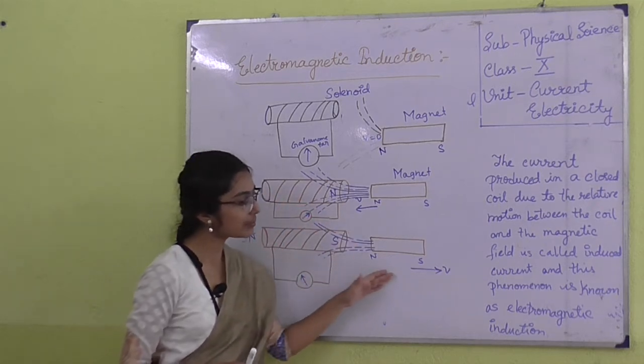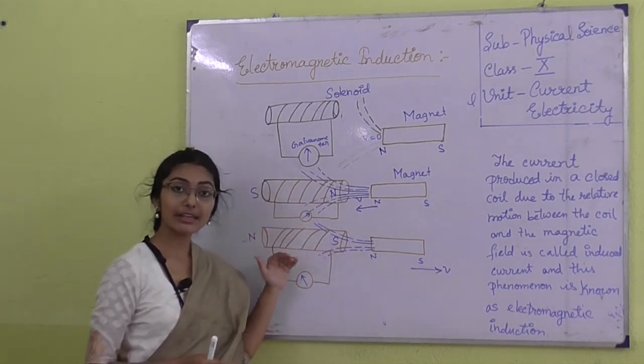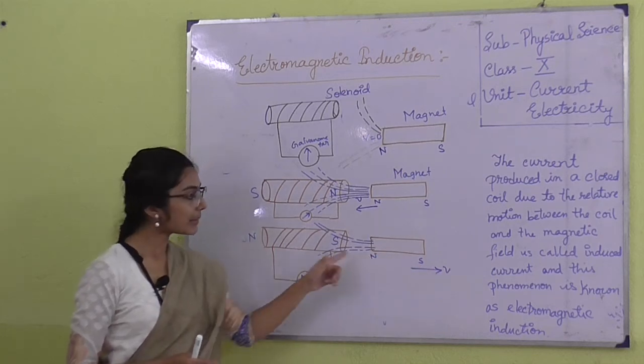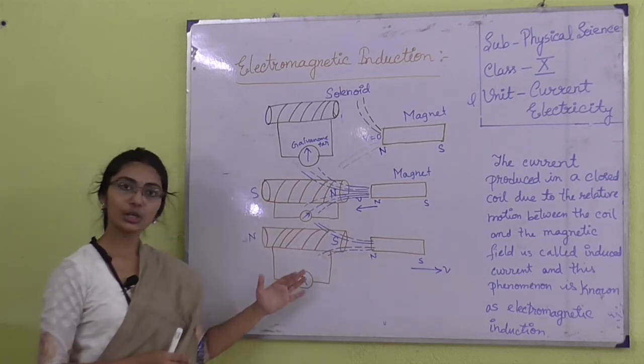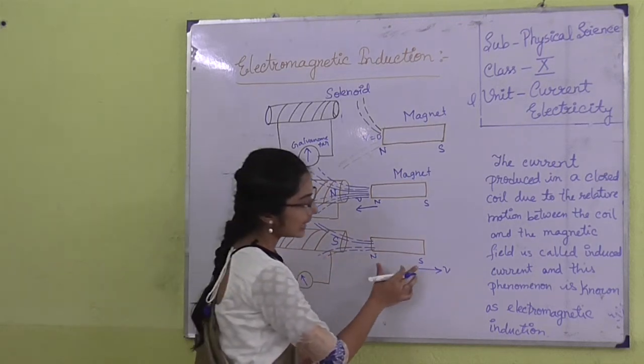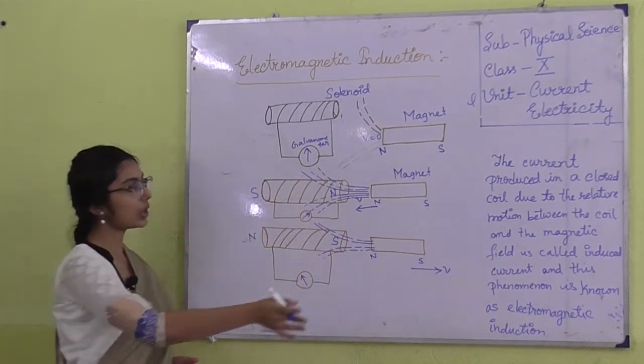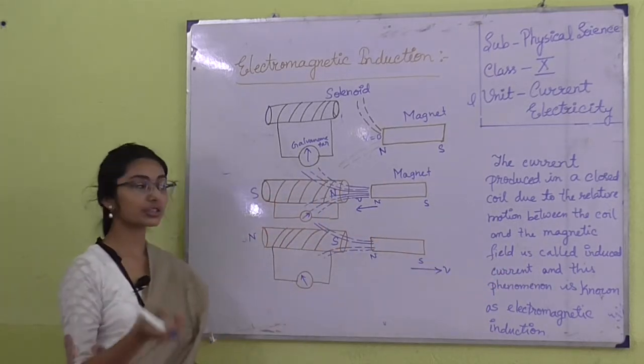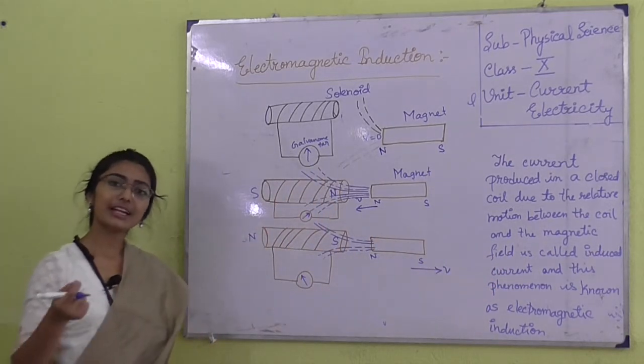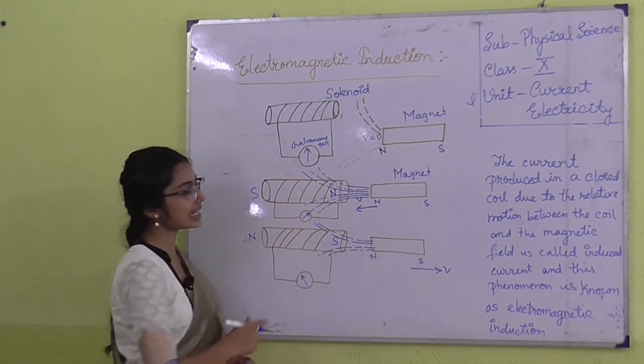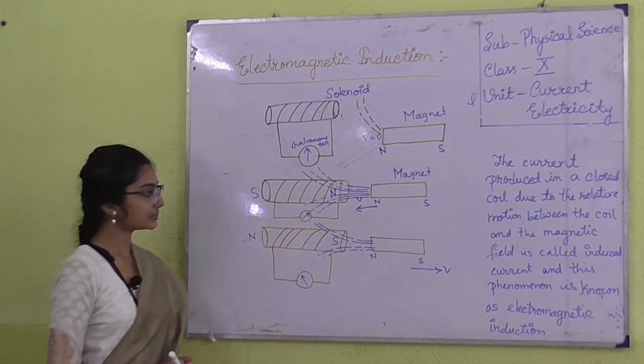Here we can see, as we are moving it away from the solenoid, the amount of flux generated is low, because as it moves away very few magnetic flux lines are passing into the solenoid.